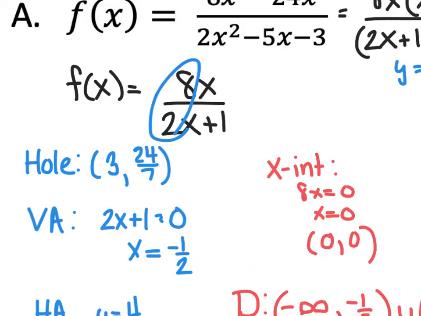So we stated that I had a hole, so that would be removable discontinuity at x equals 3. And then where my vertical asymptote is, that would be infinite discontinuity at the vertical asymptote of x equals negative 1/2.